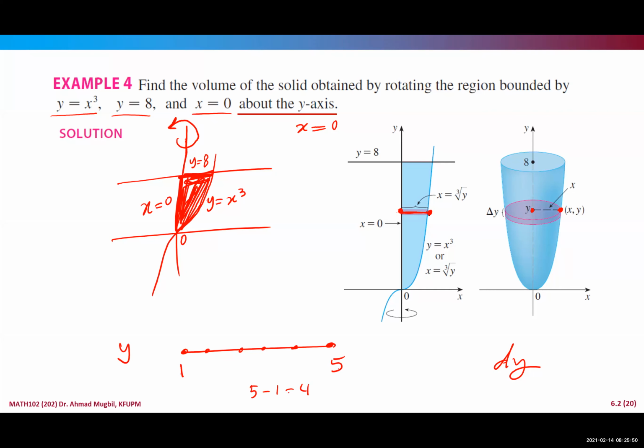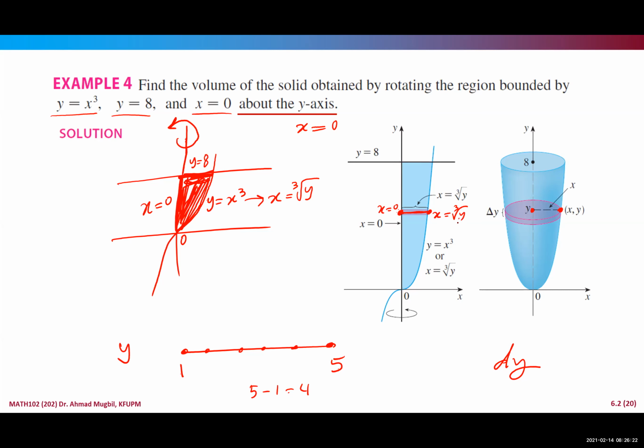Here, you need to ask yourself, what is x right and what is x left? The same idea that we used when we were calculating the area. What is x right here? You need to solve this equation for x. So x equals the cubic root of y. What is x left here, shabab? X here is 0.